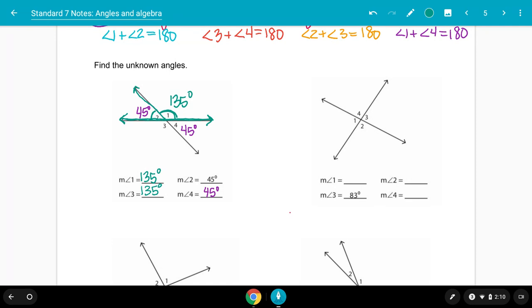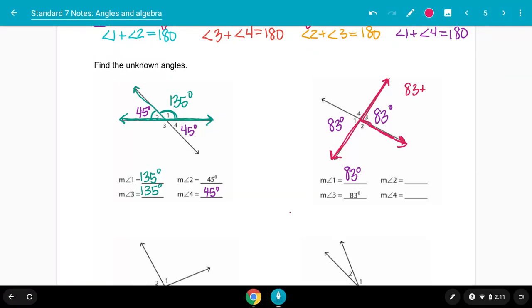There's your first one. Let's do another. Angle 3 is 83 degrees. Then I definitely know what angle 1 is. Angle 1 is also 83 degrees. Now we have to find angle 2 or angle 4. I'm going to look at angle 2. I see that angle 3 and angle 2 make a straight line.